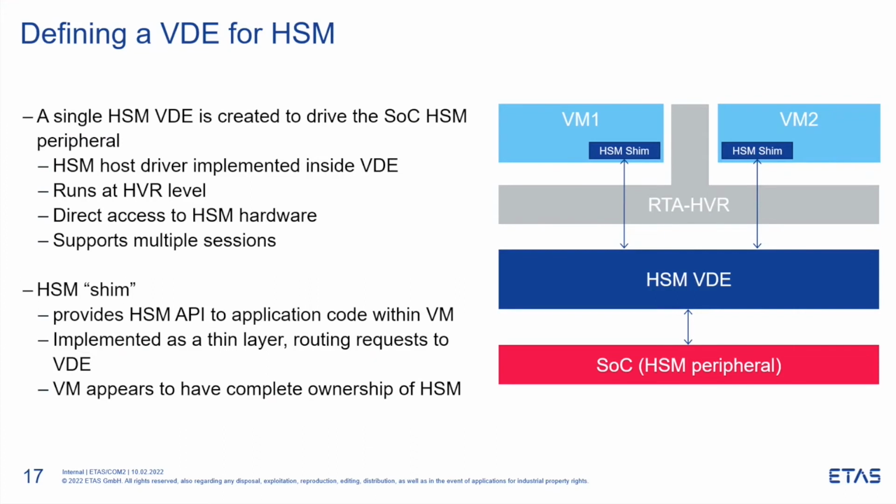Our VDE is what's responsible for handling the HSM. So the HSM software, the host HSM driver, is the software that interfaces with the crypto hardware accelerator, which runs on another core, presumably.